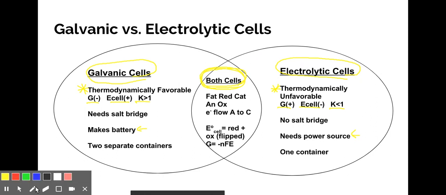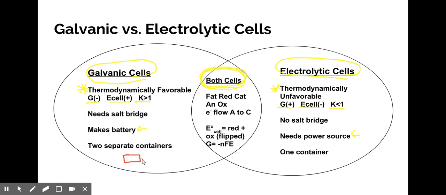Now, there's one other thing that I didn't include in this that I wanted to point out. So remember how we were talking about if you had a battery, all right, so that's supposed to be a little battery there. You have a positive terminal and you have a negative terminal on that battery. So it's just your electrodes, the metal things that are on the battery, it gives a positive sign or a negative sign.